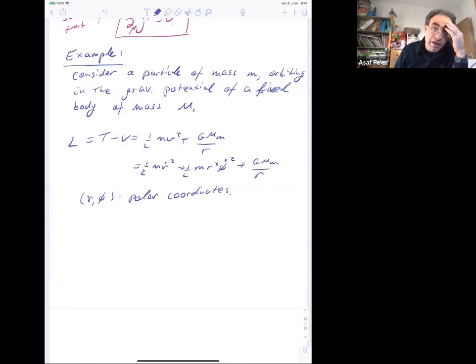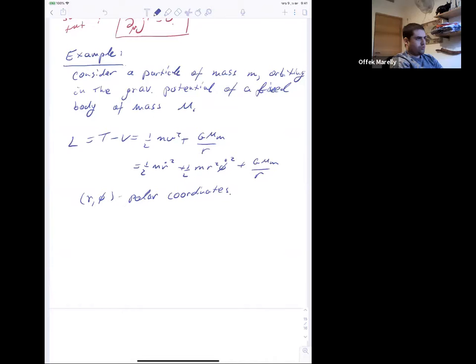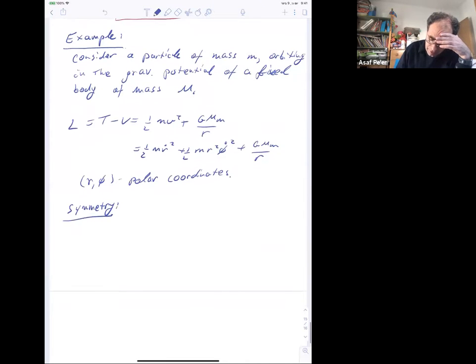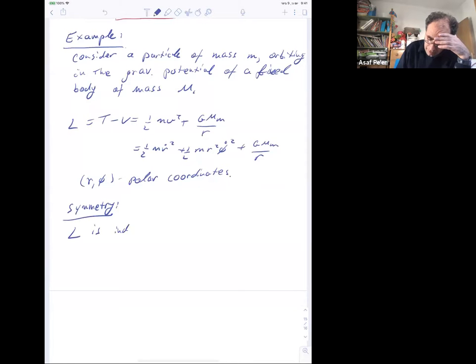Now, is there any symmetry of the Lagrangian that you're seeing here? There should be a symmetry in phi. Exactly, the Lagrangian is independent of phi. That's important to look at. So that means that we can make an infinitesimal transformation.